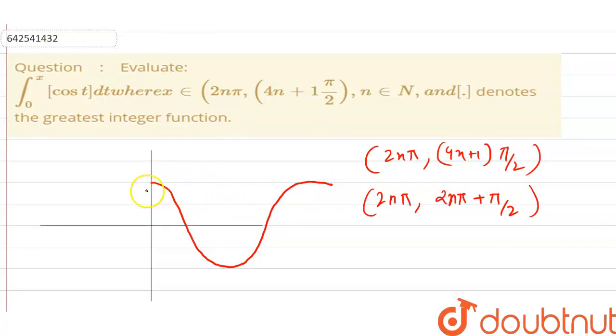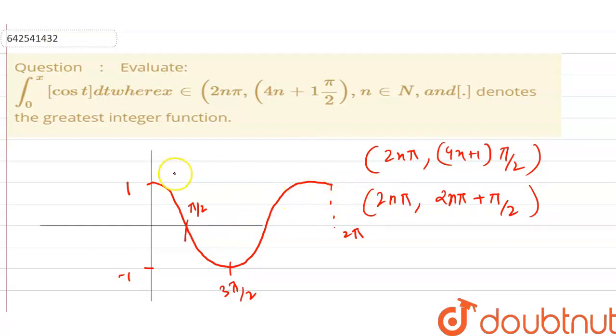At this point it is going to be π/2. Similarly this point is our 3π/2, which is minus 1, and this is going to be 1. At this point it is 2π.